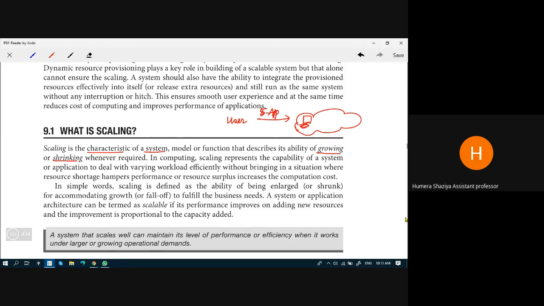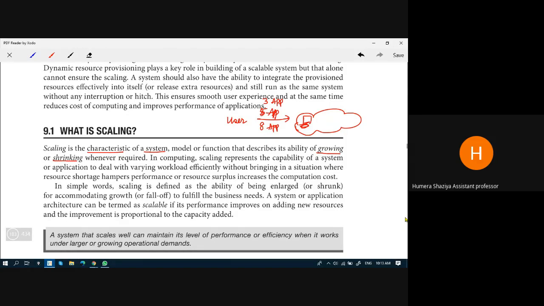Sometimes the user may have to increase the workload from 5 to 8 applications, or perhaps decrease to 3 applications. This is the workload that is submitted from the user to the system in the cloud. This can also expand or shrink, grow or reduce.